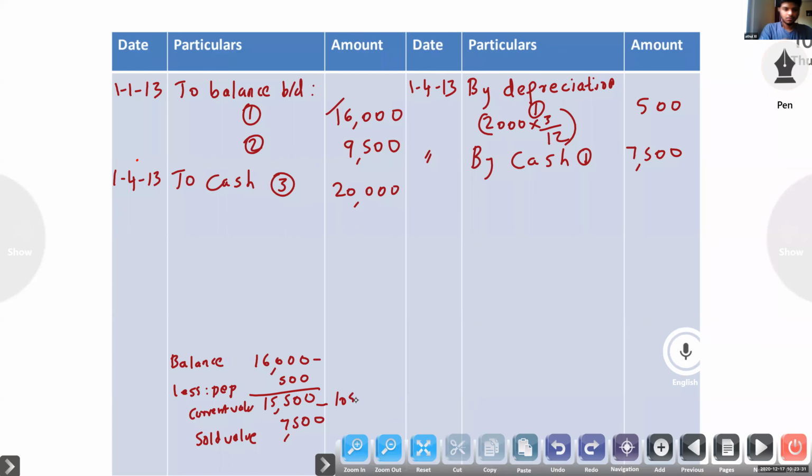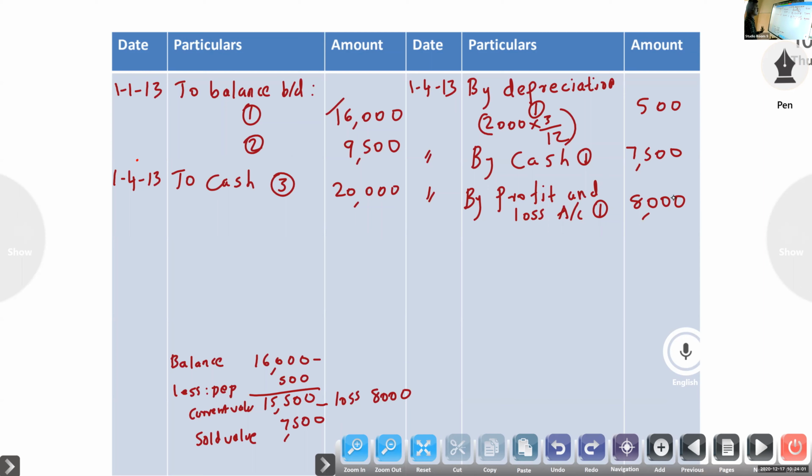Loss, the difference amount is 8,000. Okay, so if a profit or loss is there, where will we write it? By profit and loss account, 8,000.